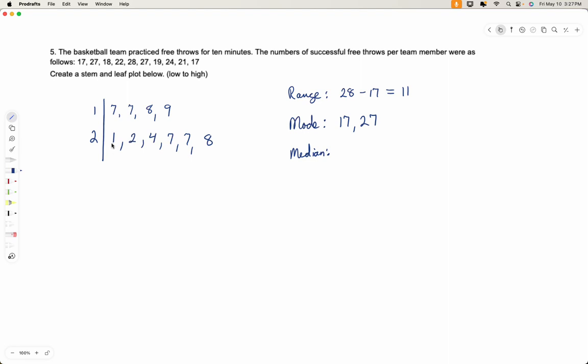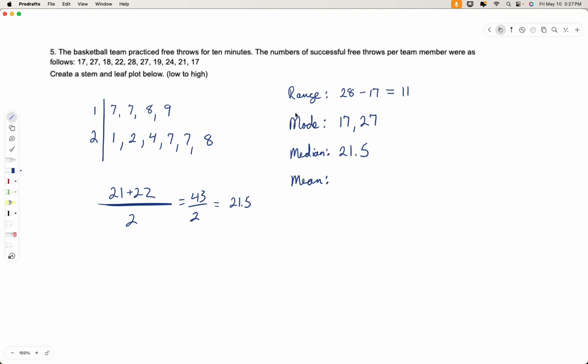So it'd be this one and this one. You add them together, 21 plus 22, and then you divide by 2. That's going to be 43 divided by 2, which is going to be 21.5. So 21.5 is your median.